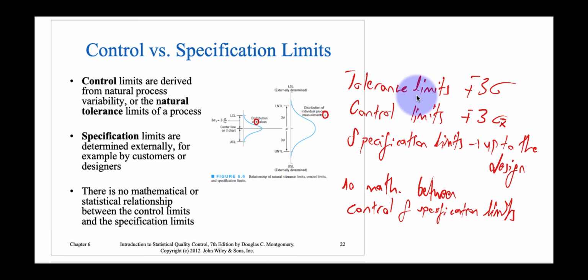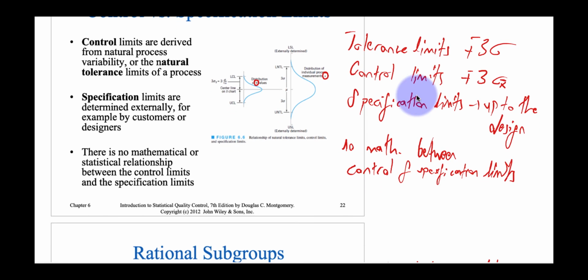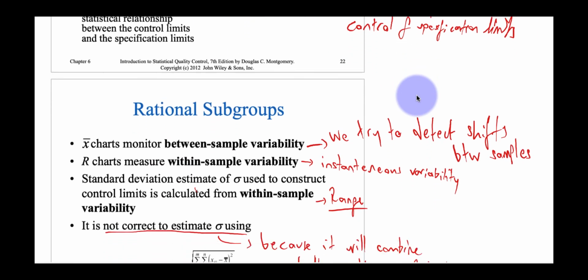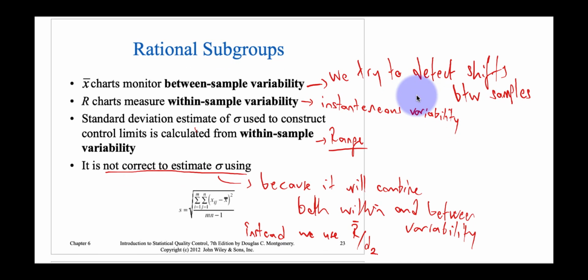When we encounter assignable causes, we eliminate them, we change the limits again and again, and we try to be more accurate about it. But there is no such thing in specifications. They are set values, all right? They are not the same thing. This is important. Be careful about it.